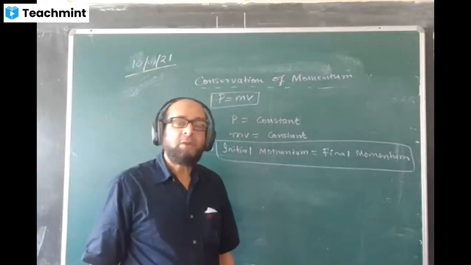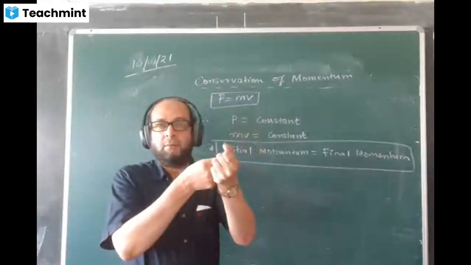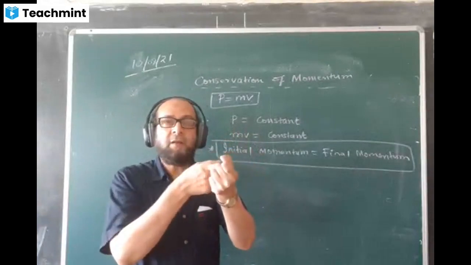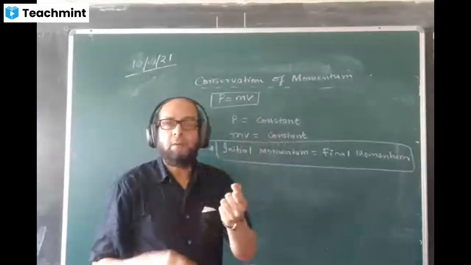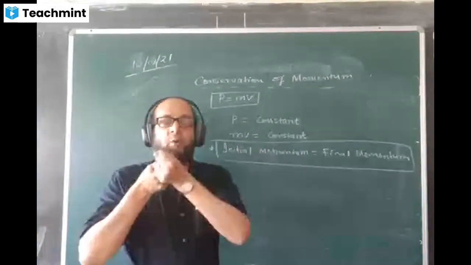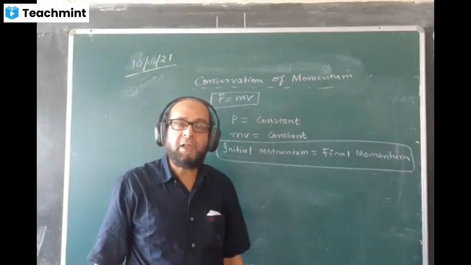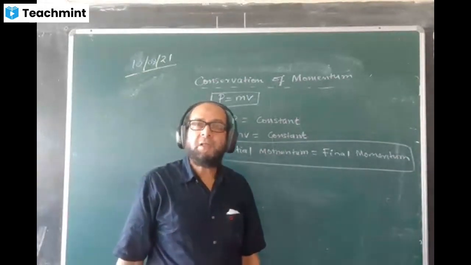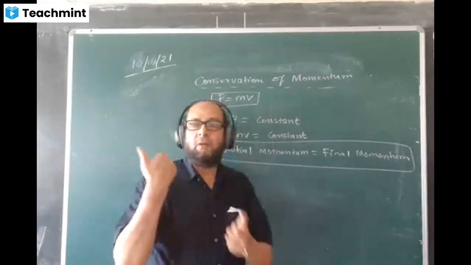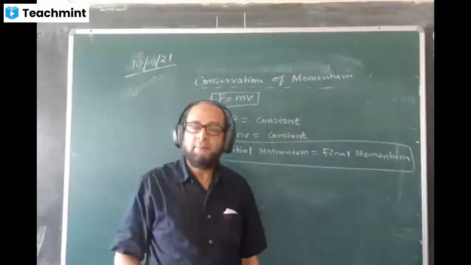I am giving examples. When we fire a gun, the bullet comes out in the forward direction, and the gun gives a recoil in which direction? Backward direction. Action and reaction, isn't it? The reaction from the gun we feel on our shoulder, it pushes the shoulder back.